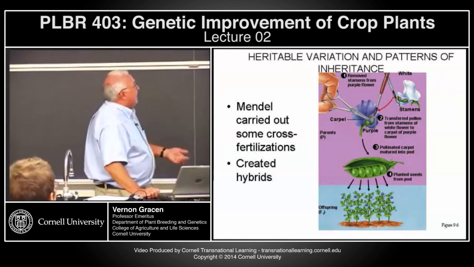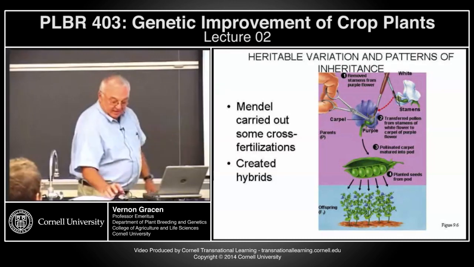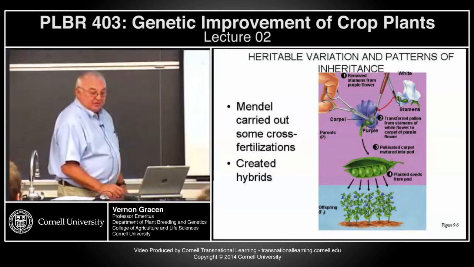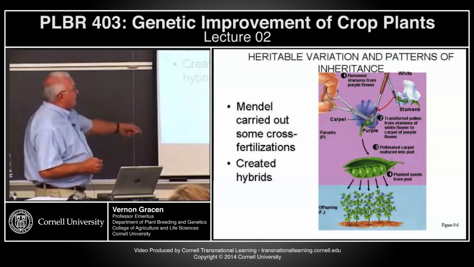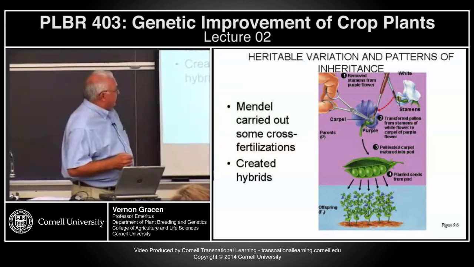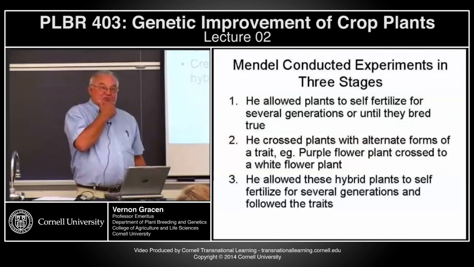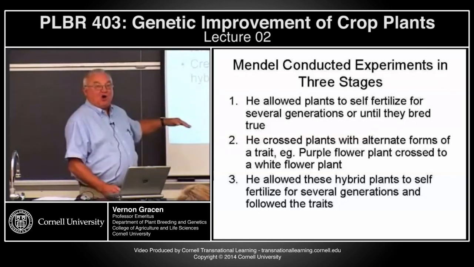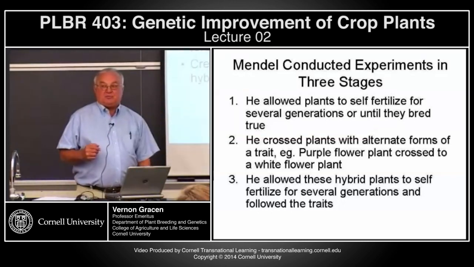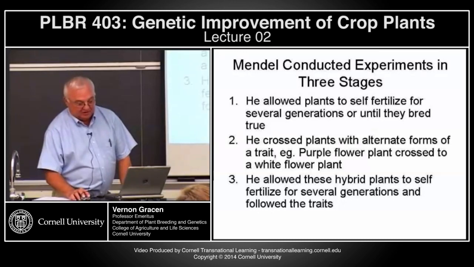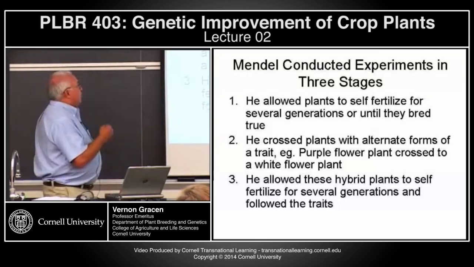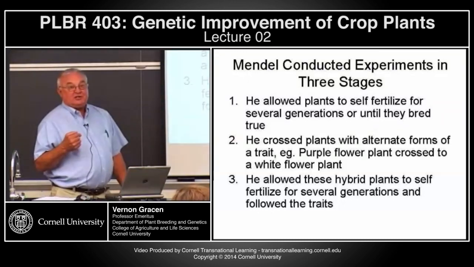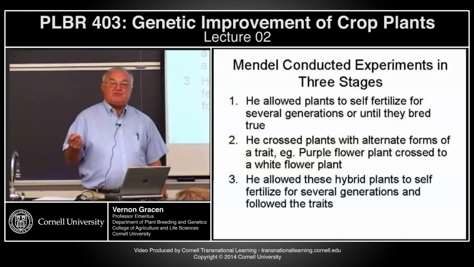After he made the hybrids, let the pollinated seed mature, he grew out the offspring, and then he just observed what happened in the offspring. Interestingly enough, he found that when he crossed purple flowers by white flowers, all of the offspring had purple flowers. An important part about that: the plants that he started with, he allowed to self-fertilize.